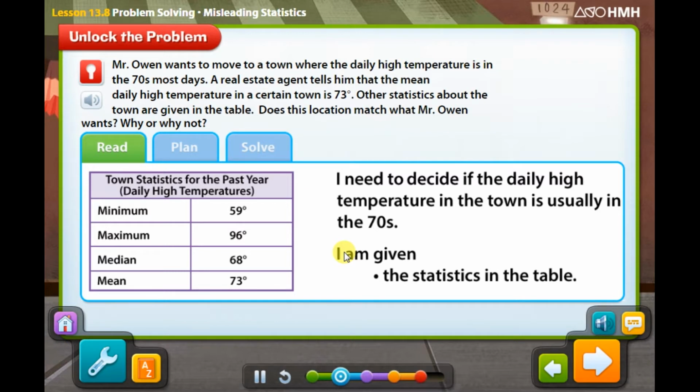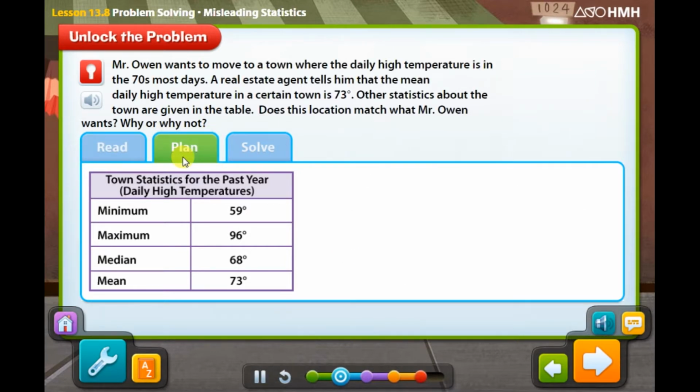Now, let's make a plan. We need a strategy to solve the problem. What strategy could you use? Compare all the numbers, or the statistics, in the table with the numbers that Mr. Owen wants.